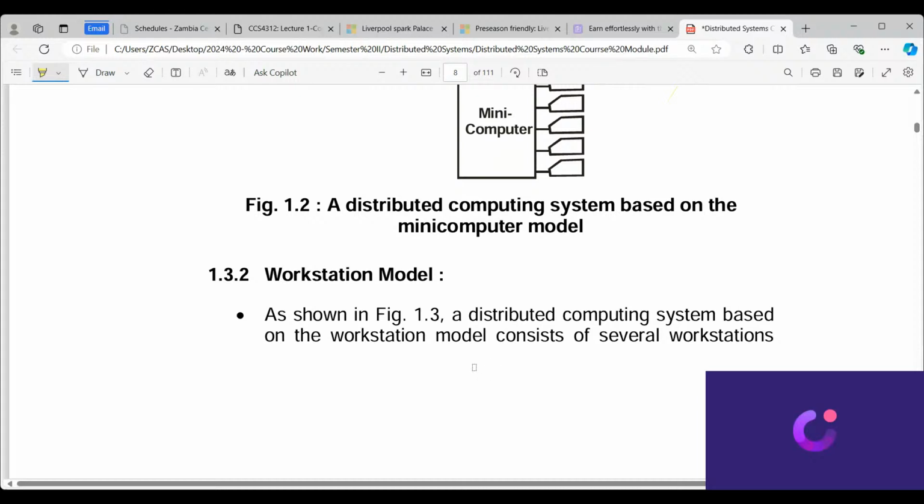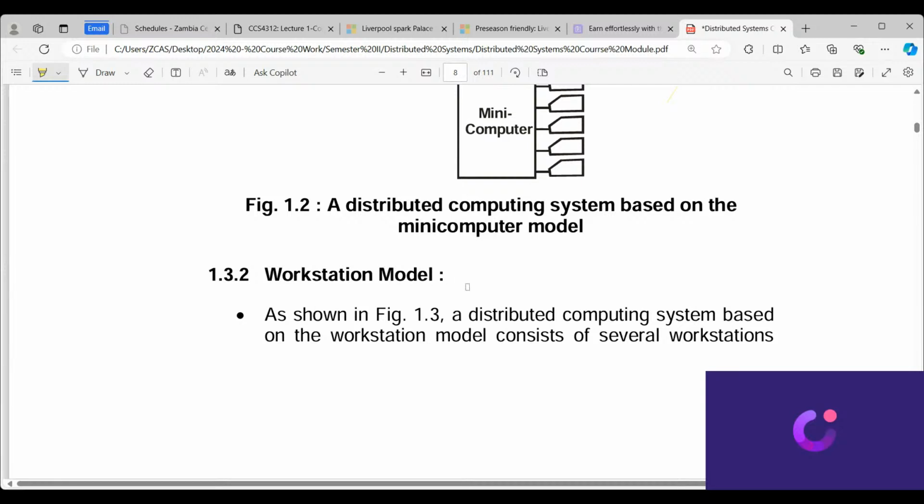A distributed computing system based on the mini computer model. So this is a very good example, and this is the diagram that we need to provide in case you are asked about sketching something to depict the mini computer model.